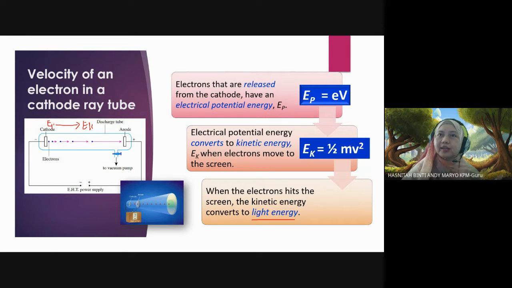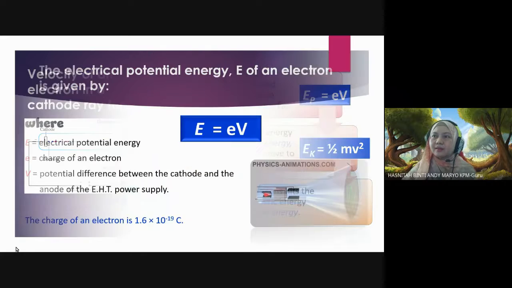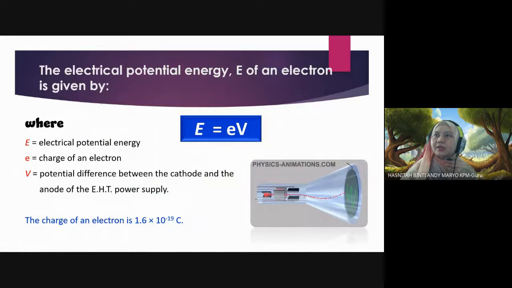As you learned in Chapter 2, kinetic energy is half mv squared, which means here EP equals EK, so EV equals half mv squared. So this is the relationship between potential energy and kinetic energy. This is the equation. Electrical potential energy, sometimes they put P there, sometimes with no P. So it is equal to EV.